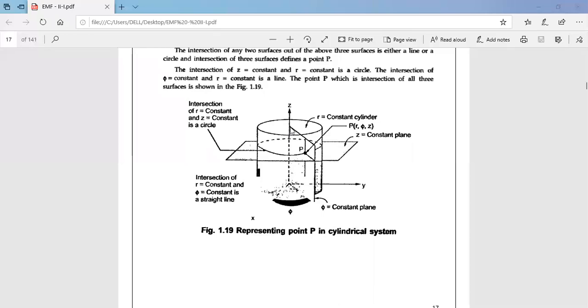And then you have z from 0 to z. So if you put in, this is r times r times 2 pi times z.